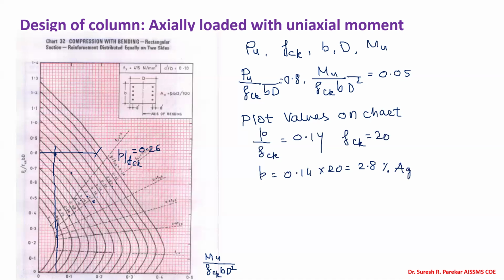Then, as we know the p value and the Ag value, we can find p. Once p is calculated, we can find Asc. So 2.8 upon 100 into Ag, we will get Asc.